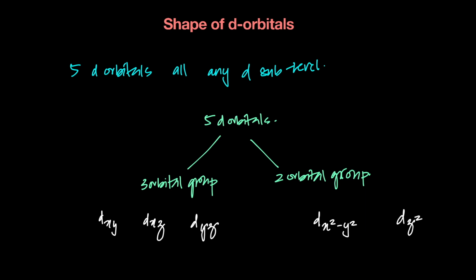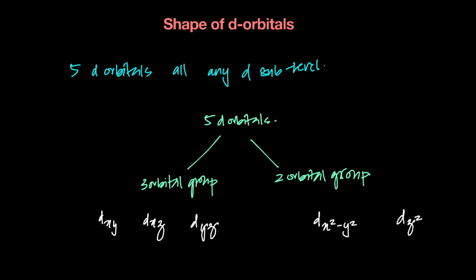You can kind of figure out why, but you should be able to recognize that just like the p has x, y, and z, the 5 d orbitals have different labels. There's a dxy, there's a dxz, dyz, x² minus y², and z². And the squares are one set of orbitals. They are similar in their nature. And the xy, xz, and yz, the 3 orbital group, also have some similarities among themselves.